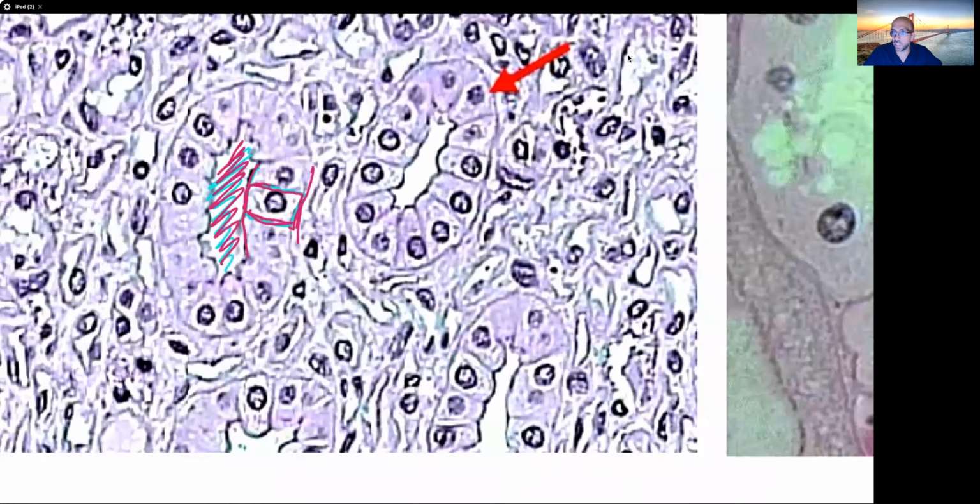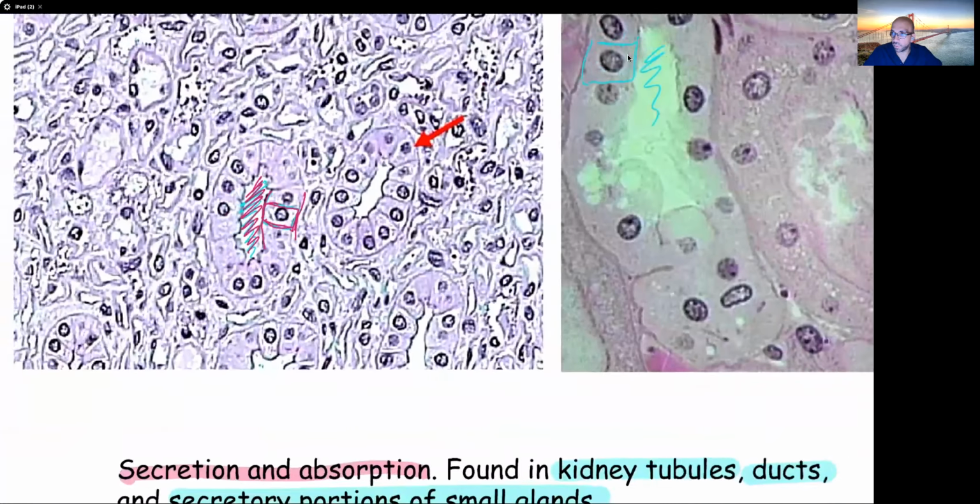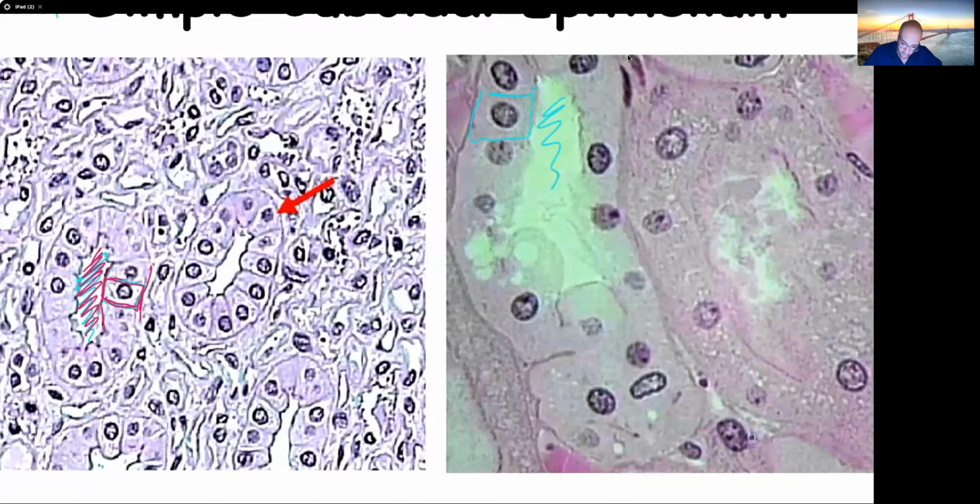Look at on here, I have a space, and this space is lined with cells. You see one row of cells, and the cells here are cube-shaped cells. So what we're looking at in here is a simple cuboidal epithelium. Here is another example. You have a space. The space is lined with cells, and the cells lining the space on here are cube-shaped cells.